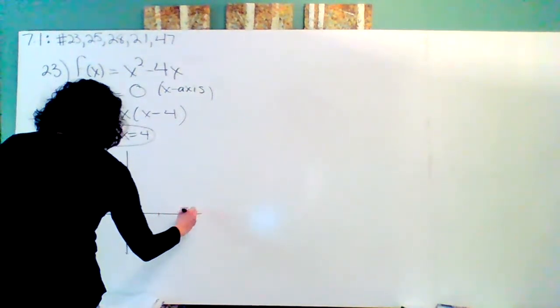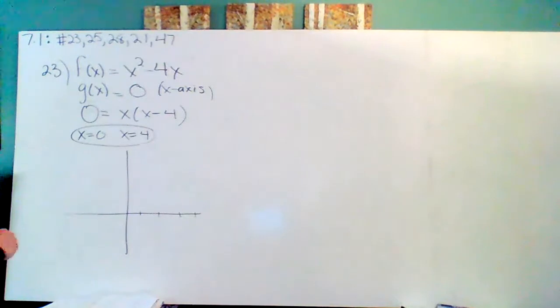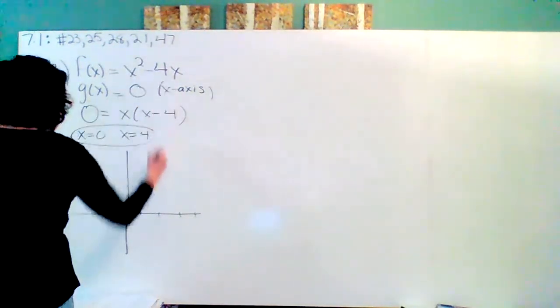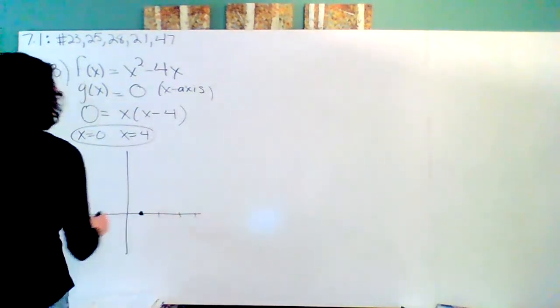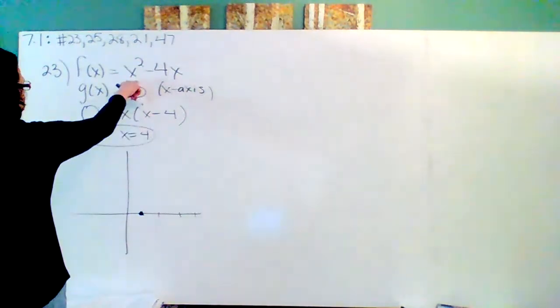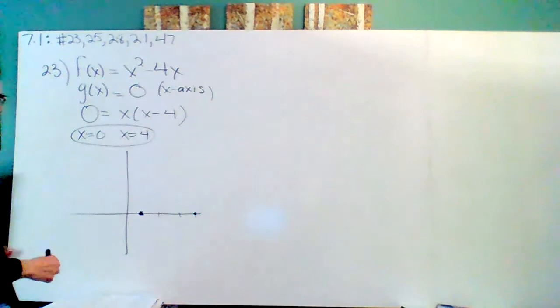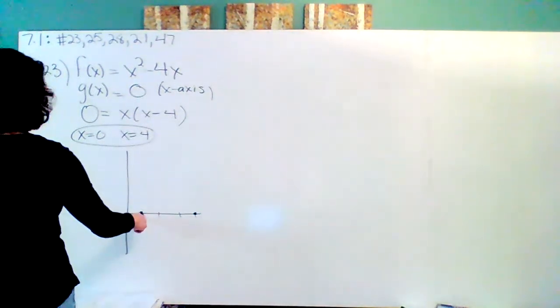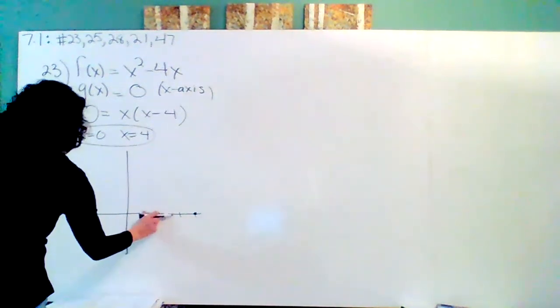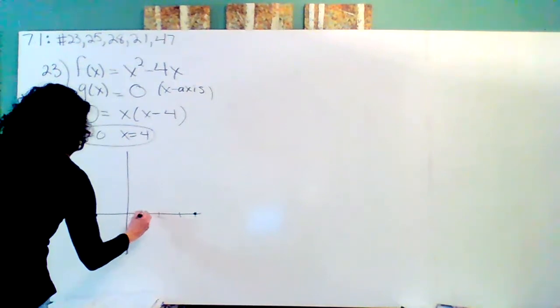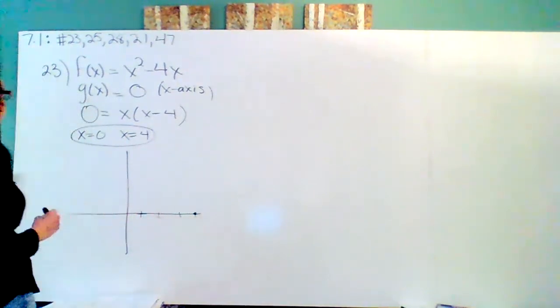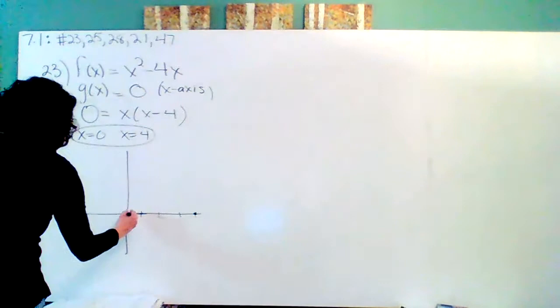1, 2, 3, 4, right? When I put in a 0, I get a 0 out.